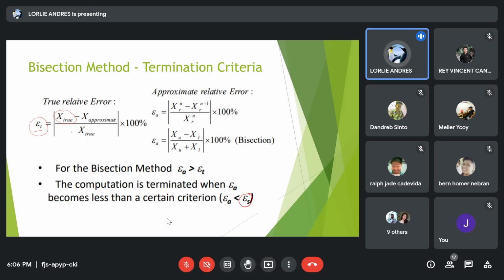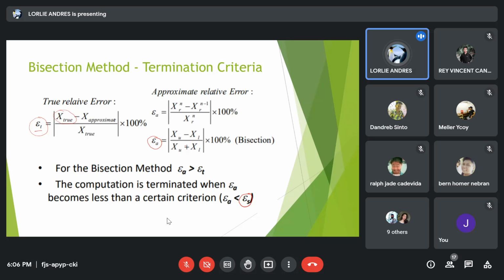Pero pag wala ta kabaluon sa to ang true value, then we cannot calculate this true relative error. Okay? So ang ato ang buhaton is we're going to calculate the approximate percent relative error kani siya. So this is the formula for us to calculate the approximate percent relative error, and that is equivalent to x sub U minus x sub 1 over x sub U plus x sub L.